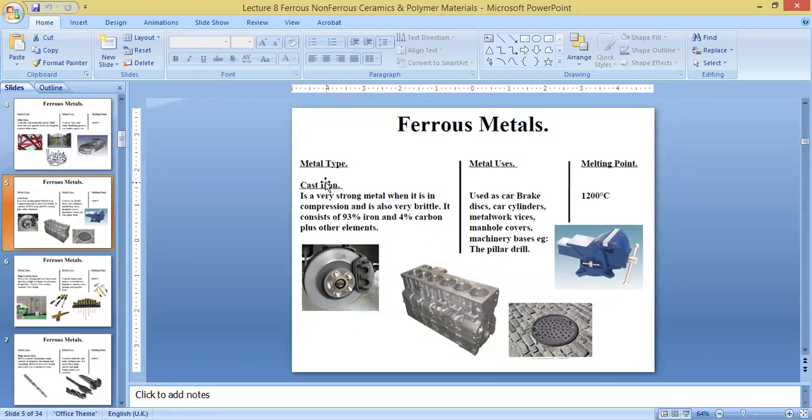The carbon in cast iron will enhance its ductility properties, so it tends to be ductile. It consists of 93% iron and 4% carbon plus other elements.